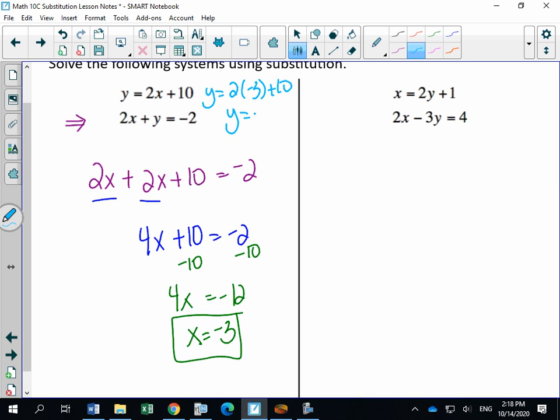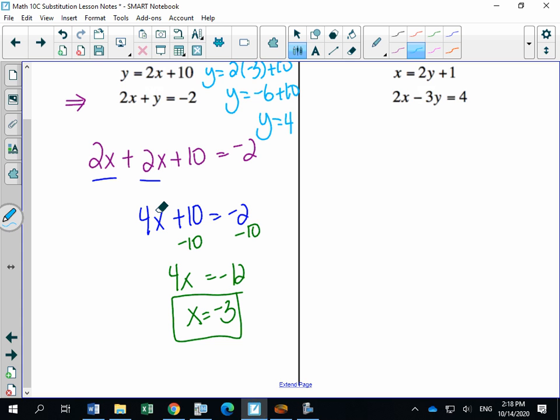Y is equal to negative 6 plus 10. Y is equal to 4. So my solution for these two systems are x is negative 3 and y is 4, and I'm going to state that as an ordered pair, right? Because remember, these are all lines that I could graph, and the solution is where the two graphs intersect.